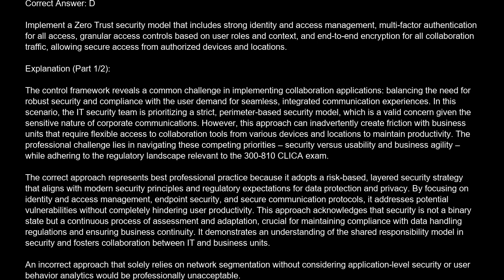This approach acknowledges that security is not a binary state but a continuous process of assessment and adaptation, crucial for maintaining compliance with data handling regulations and ensuring business continuity. It demonstrates an understanding of the shared responsibility model in security and fosters collaboration between IT and business units.